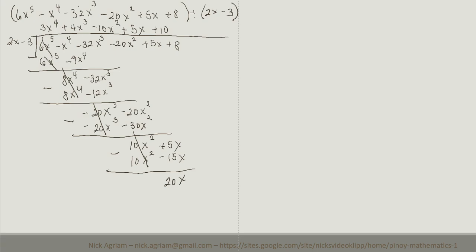10 multiplied by 2x is 20x. Oh, we have plus 8 there, sorry. We have 20x minus 30. Let's see, I will review.